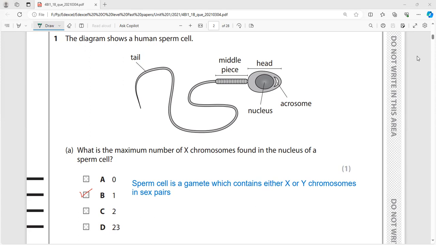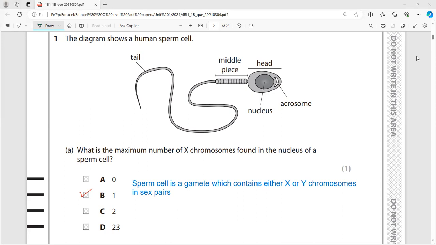So the first question is, what is the maximum number of X chromosomes found in the nucleus of a sperm cell? The sperm cell is a gamete cell, which contains a half set of chromosomes. In a human cell, there are 22 pairs of chromosomes, which are autosomes, which give information for body structure. What about the 23rd pair of chromosomes?